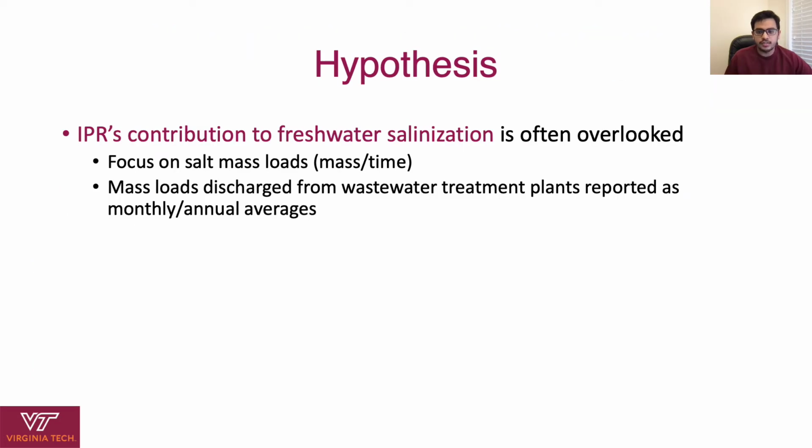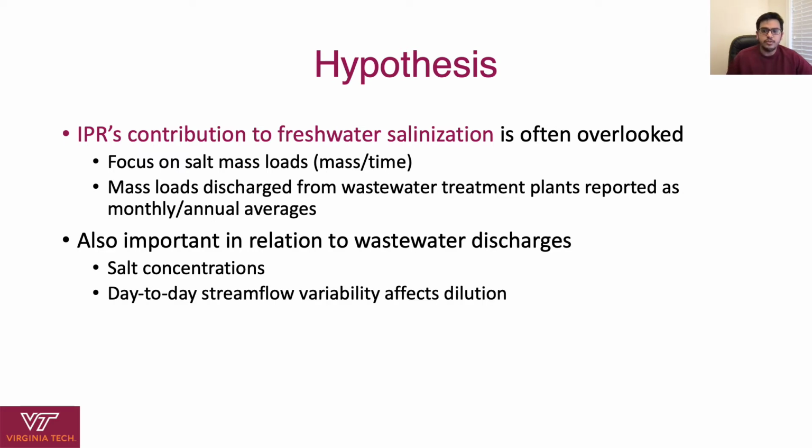We hypothesize that the contribution of indirect potable reuse to freshwater salinization is often overlooked because of two main reasons. The focus is always on mass loading of salts, and these discharges are reported as either monthly or annual averages. However, when it comes to wastewater discharges, many endpoints of human and ecological concern are concentration based, like the US EPA's criteria for in-stream chloride or the taste threshold and health advisory issued for sodium.